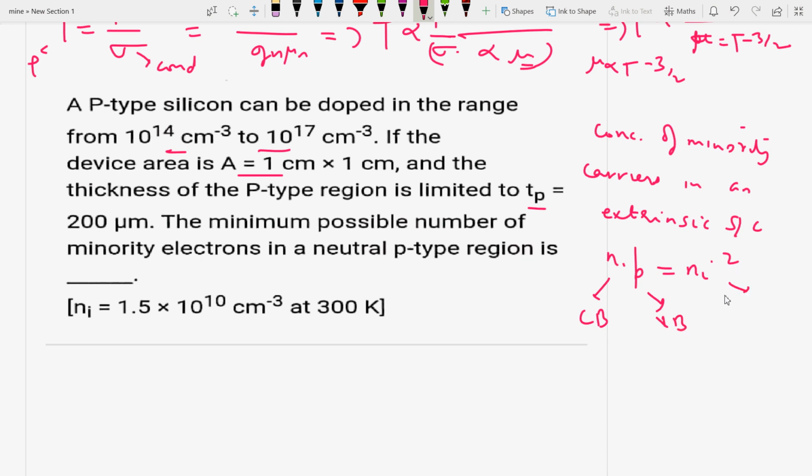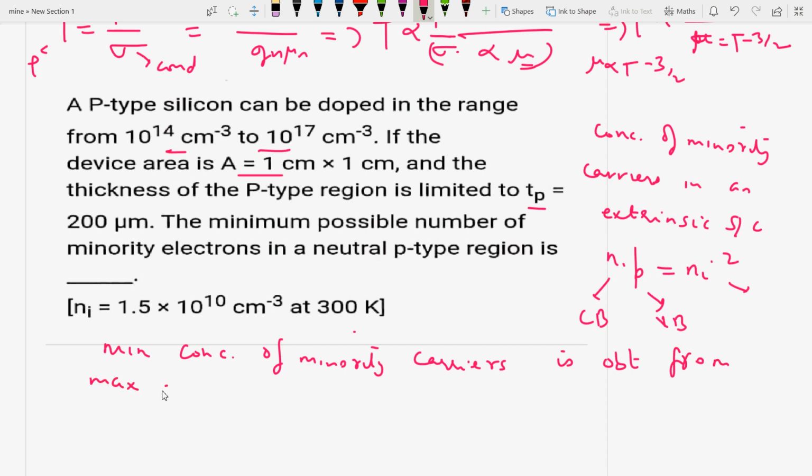So the minimum concentration of minority carriers is obtained from the maximum doping level.